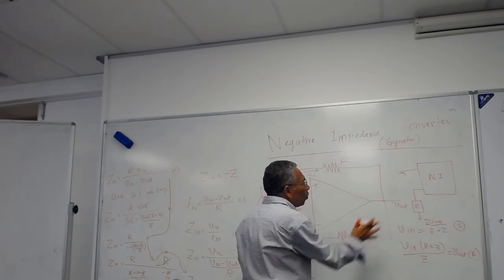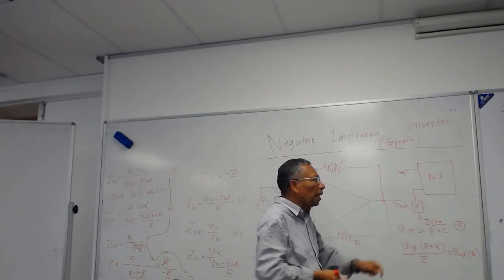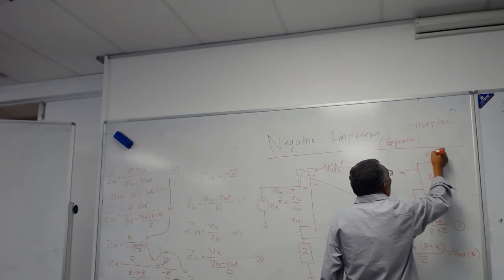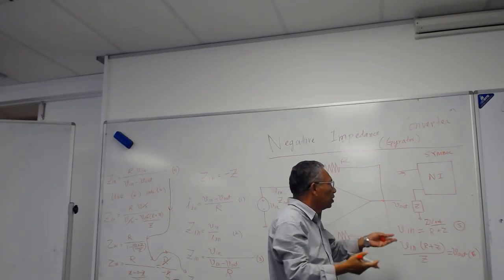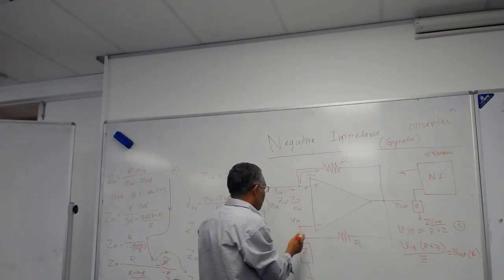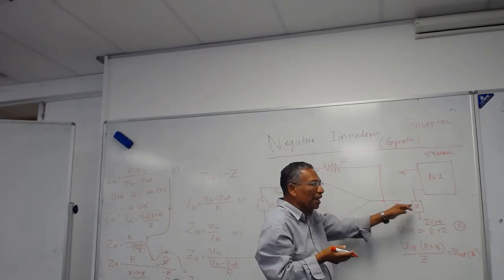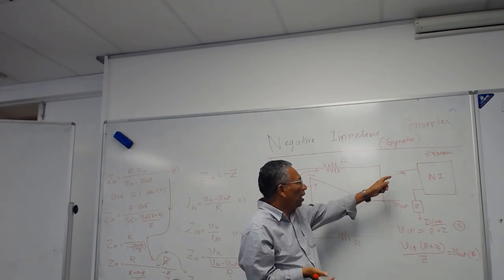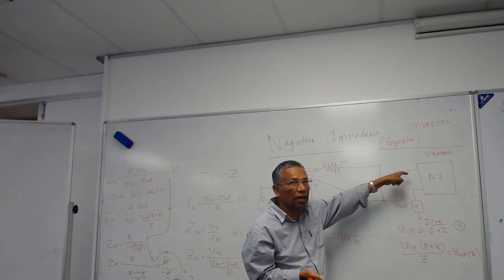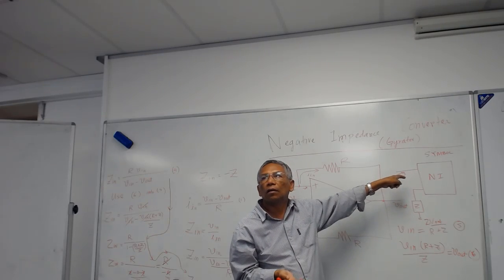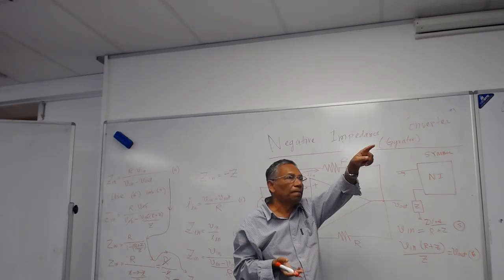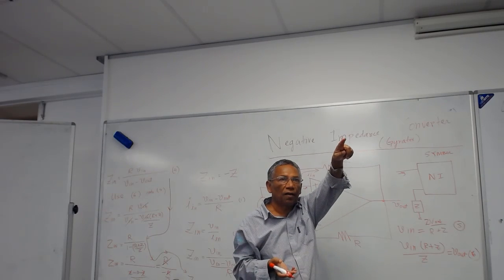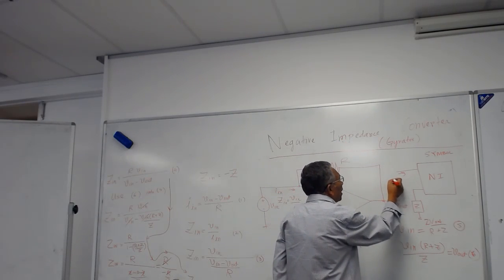Just put the whole thing in a box, and keep the Z external. Looking in, what is the impedance looking in? Minus Z. So this looking in is minus Z.